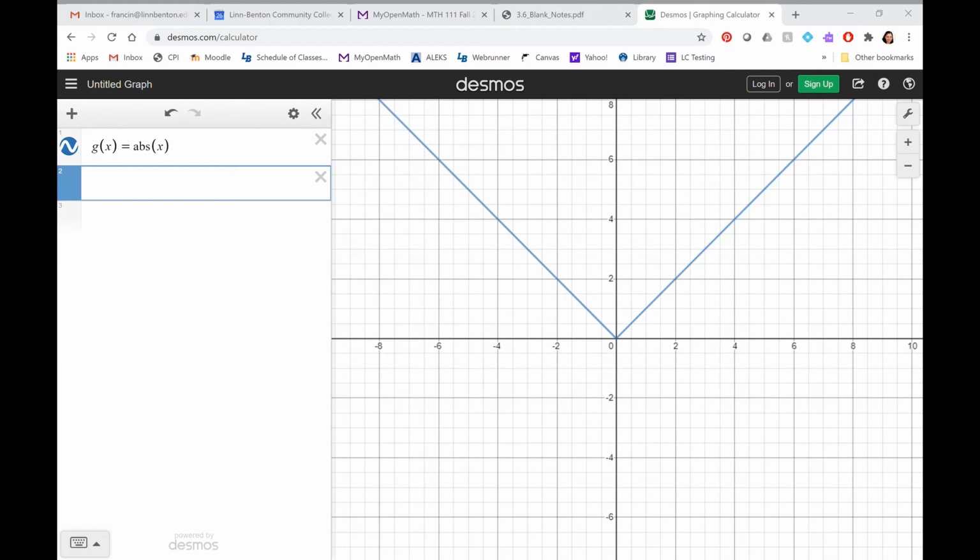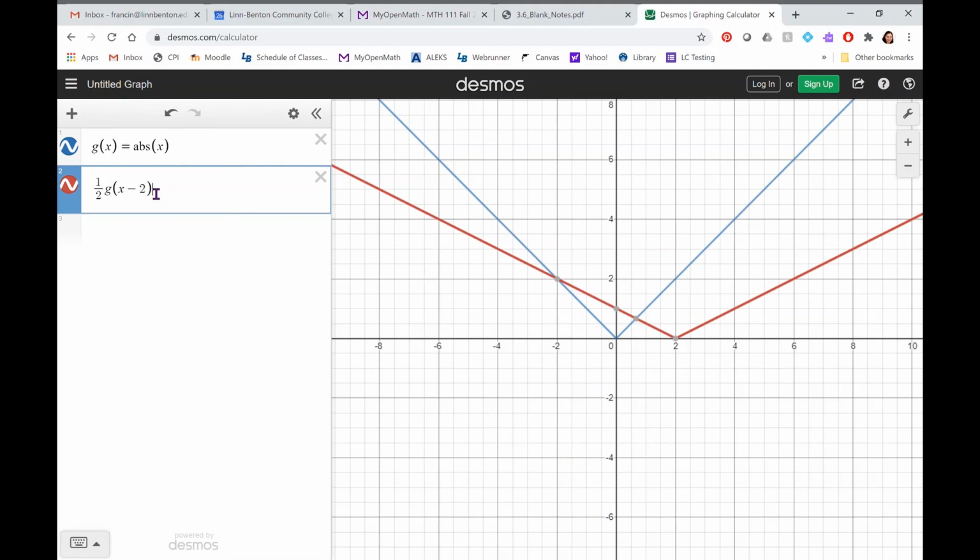I'm trying to click back, but it's not working. 1/2 g of x minus 2. So what's great about Desmos is you can just type in 1/2 g of x minus 2, and it will take your original function that you have defined above it and do these function transformations. And we can see that that is exactly what we saw graphed originally. So Desmos is a fantastic tool. It's really great. I wish I had this when I went through algebra.